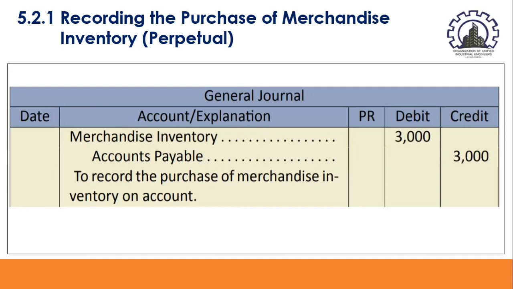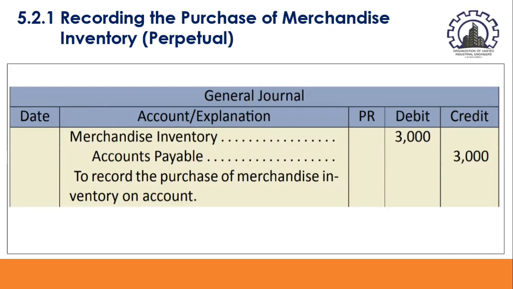This being said, the purchase of merchandise inventory may also involve the payment of transportation and handling costs. These are all costs necessary to prepare inventory for sale, and all such costs are included in the merchandise inventory account. These costs are discussed in the following section.